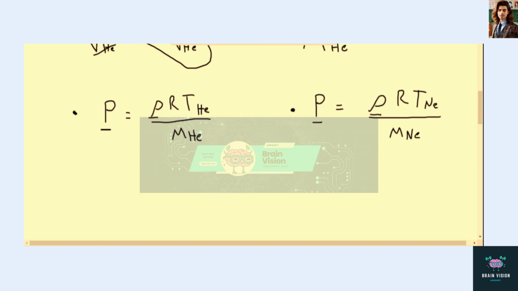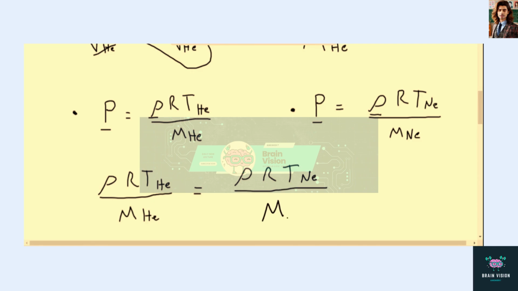So we could do that a couple of ways. I could divide both sides of these equations by rho, and then set P over rho equal to P over rho. Or honestly, I could just say pressure is equal to pressure right now and equate these things. So I'd have rho RT of helium over the molar mass of helium equals rho RT of neon over the molar mass of neon.